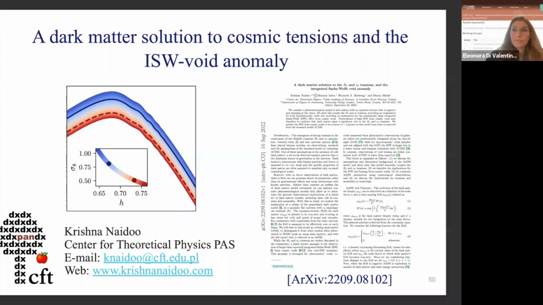Any other questions? I have one. Why did you choose redshift equal to 1, that particular redshift? And did you check how changing this will affect your results? I chose it just to simplify the paper, because I really wanted to focus on how this affects these three components, the two tensions and also the ISW anomaly.